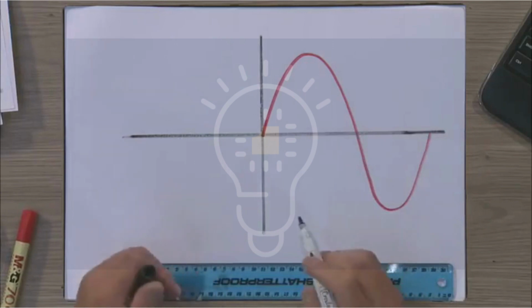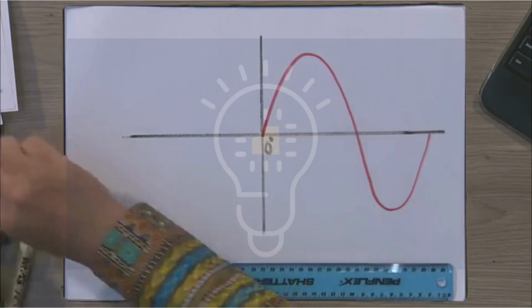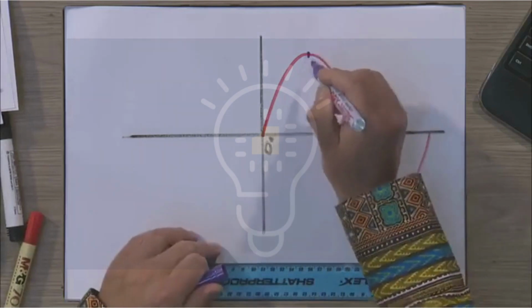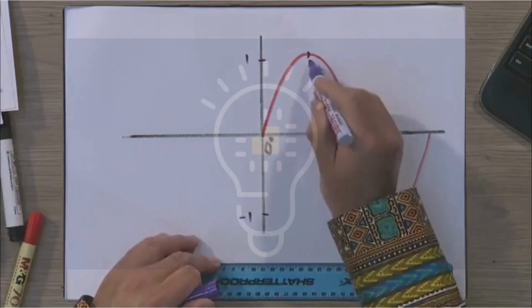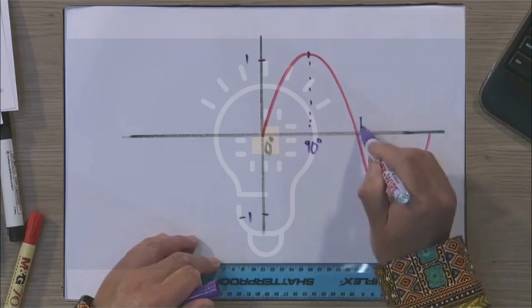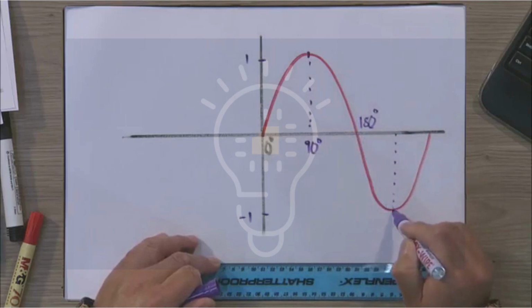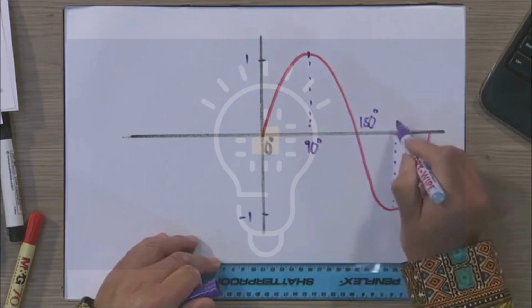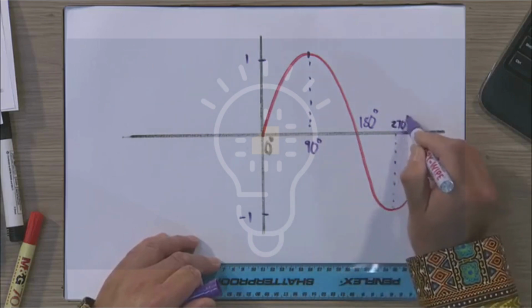This is 0 degrees. And then this one here, where it peaks at 1, and this is minus 1. This here, we learned, is 90 degrees. This is 180 degrees. And this minimum value, notice the minimum value, minus 1 here, is 270 degrees.